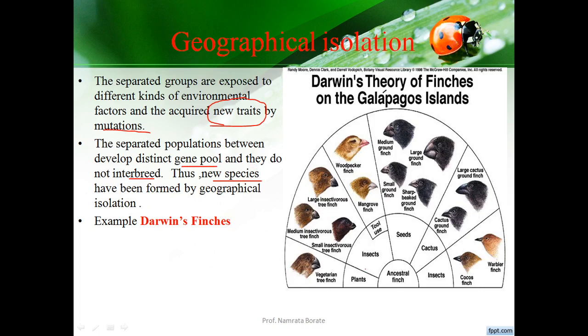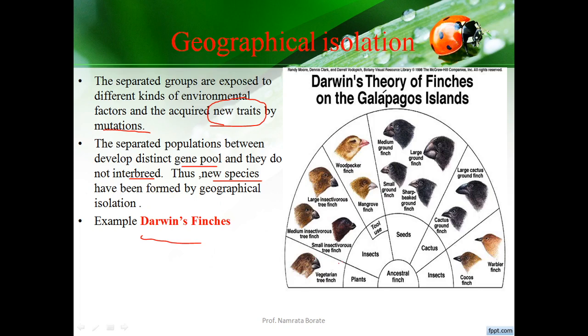The most commonly known example is Darwin's finches. The ancestor finches developed into various forms, with changes in the shape of the beak, body structure, as well as food habit. All these changes are due to geographical isolation.